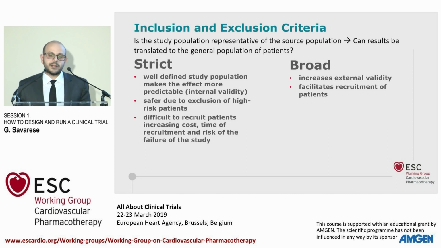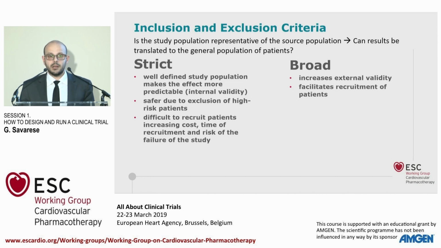And right now there is a lot of discussion regarding the use of very strict or very broad selection criteria for trials. There are pros and cons for both approaches. If we use very strict inclusion criteria, we have a very well-defined study population that makes the effect more predictable. So we have a very strong internal validity. It's safer due to the exclusion of high-risk patients.